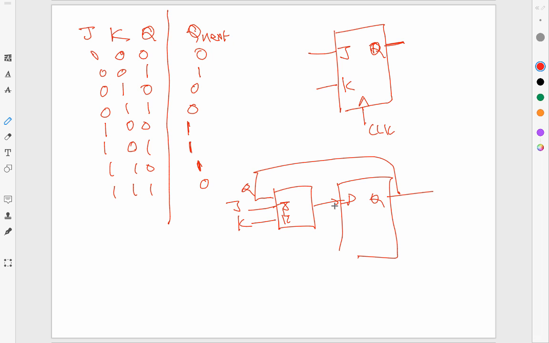So in many cases, you may be given JK flip-flop as a sole flip-flop, and then you may be asked to implement a sequential circuit. So one way you can do it is what you suggested, which is I can first make a D flip-flop and then use the rest of my approach. Or alternatively, I can maybe find out a way of directly working with JK.